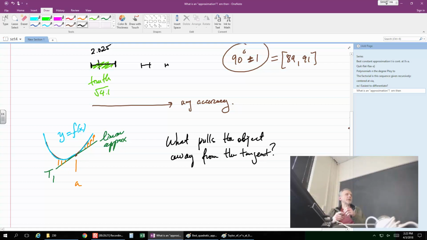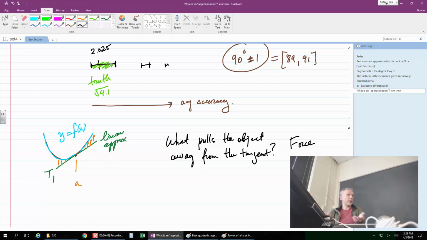Well, the question contains the answer. A pull, or a push, will pull the object away from the tangent. So what am I talking about? Force. Yes, if there is a force, it might pull the object away from its straight path.